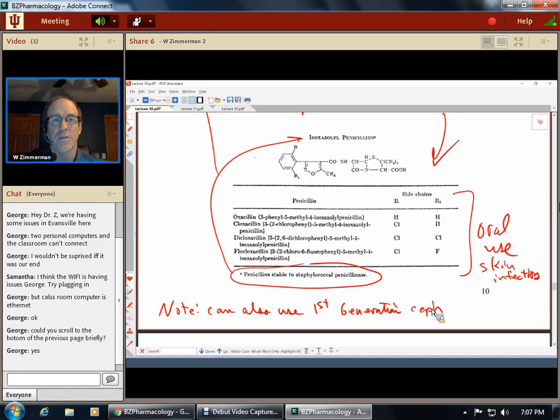But a first generation ceph for staph with lactamase. I'll review that when we get to the cephalosporins. It's just kind of nice to tie it in together now. But which one do you want to use? Which is available? First generation cephalosporin or one of these drugs. For more serious infection, we need an IV administration. Nafcillin sees a lot of use.